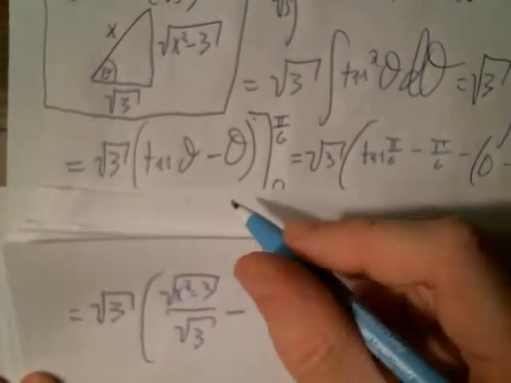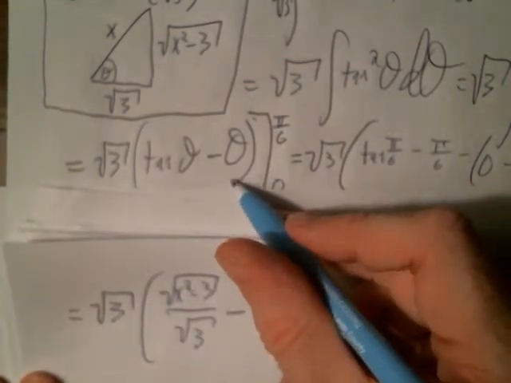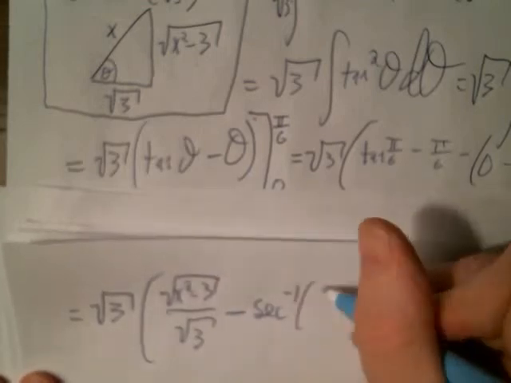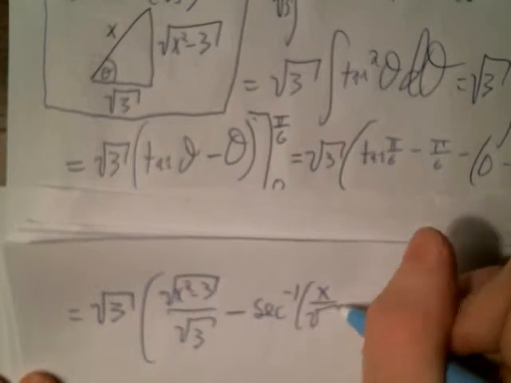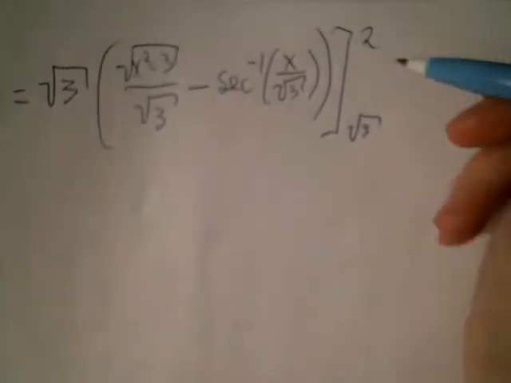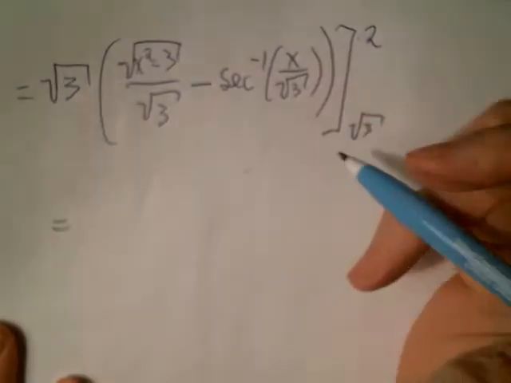And then minus theta. Theta is just secant inverse of x over root 3. Okay, and then we evaluate from root 3 to 2. So you have to convert everything back into x, and then you could use the original bounds.